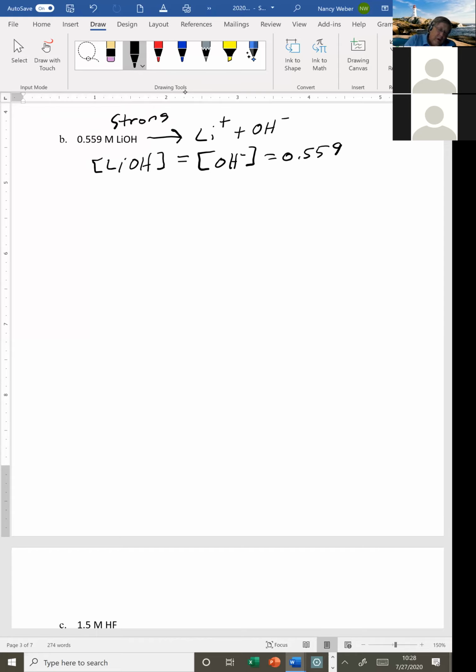So the pOH is going to be the negative log of that, which I think I got right this time. 0.253.